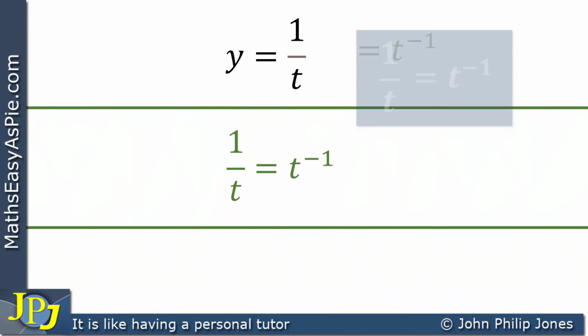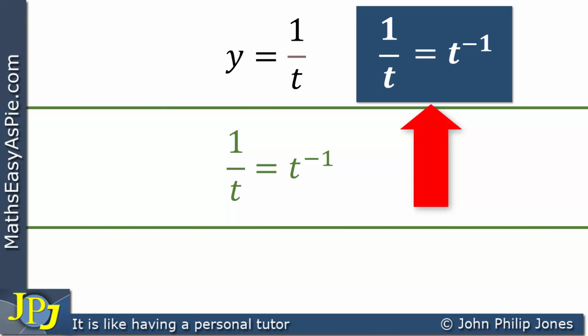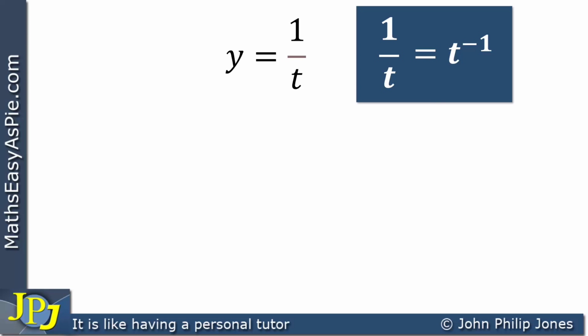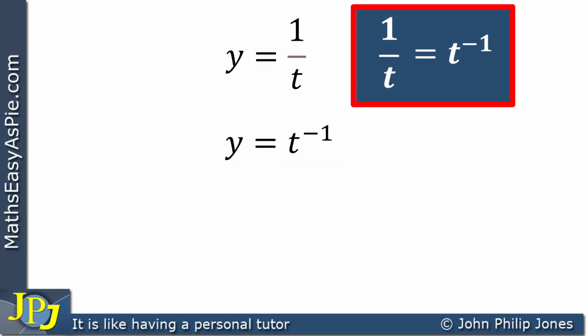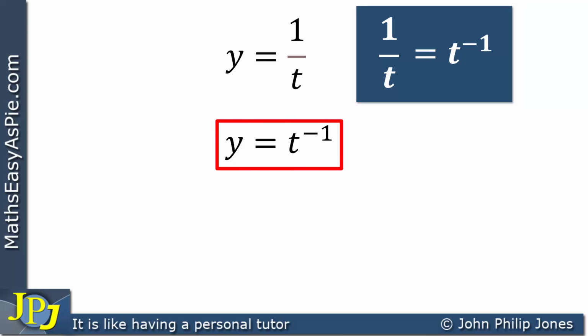So I'll bring that up here as you can see with the background blue, and then I'll get rid of this aside and move on with the differentiation. So I can now write y equals t to the minus 1. In other words, I've replaced this with t to the minus 1 according to this here, which is our understanding of indices. I've now got this in the form that I need to forward the differentiation.